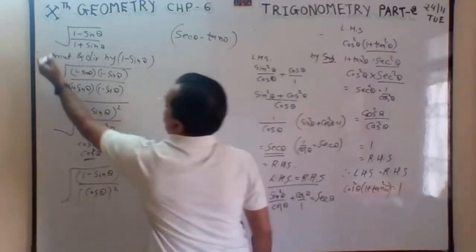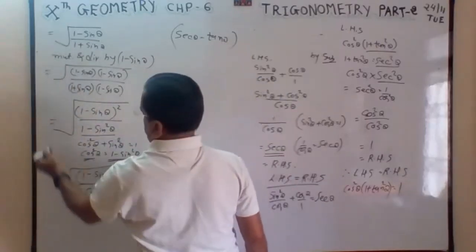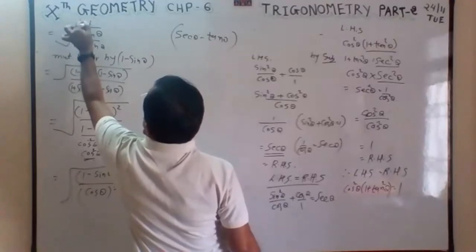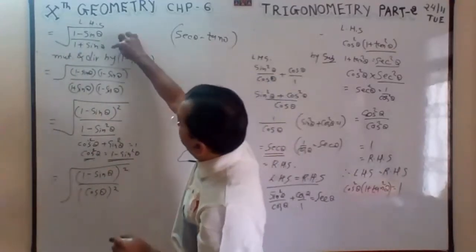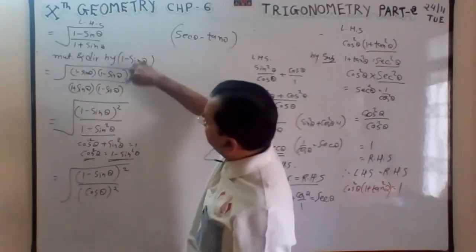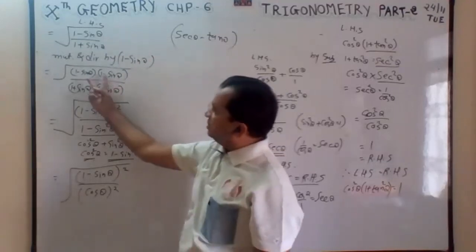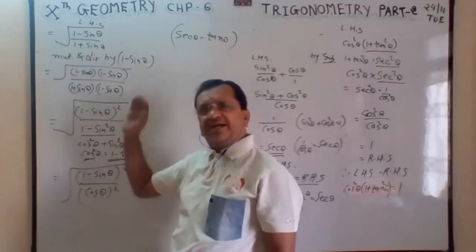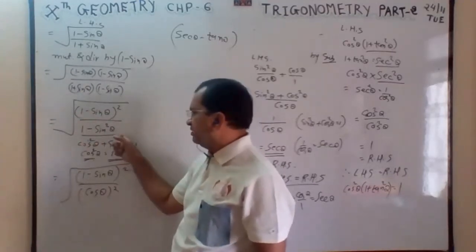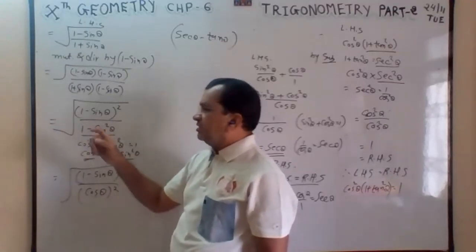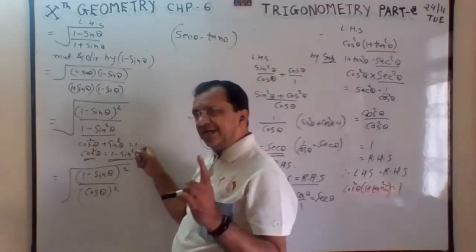Try to understand. It is the left hand side. Left hand side is given this. I have multiplied and divided with 1 minus sin. This will be the same bracket, so bracket into bracket, bracket square. A plus B, A minus B, so A square minus B square. But cos square plus sin square is equal to 1, that is the first identity.